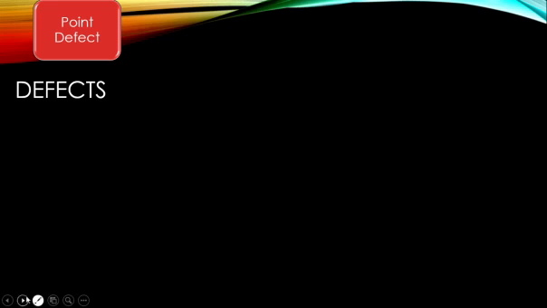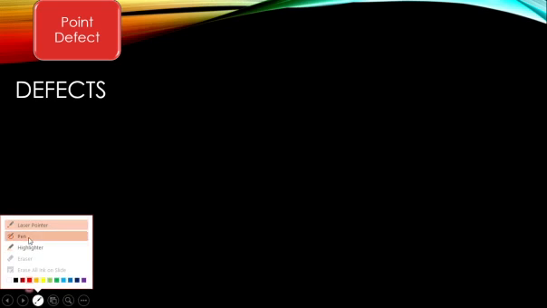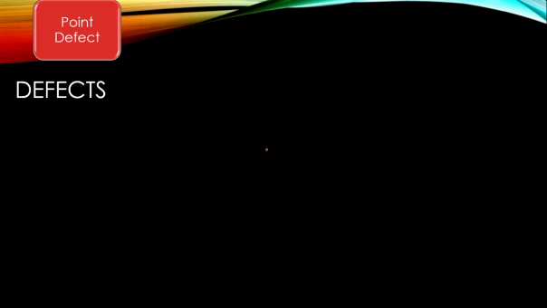Let us look into various other defects possible in a photonic crystal. The first one is the point defect. A point defect means we are removing one sphere from the three-dimensional assembly. Or, if you remember, in the case of photonic crystals, we could make a photonic crystal by arranging rods parallel to each other, isn't it?